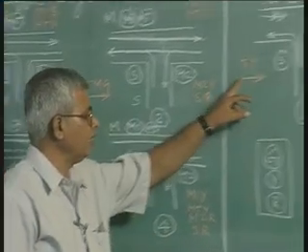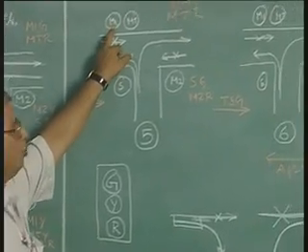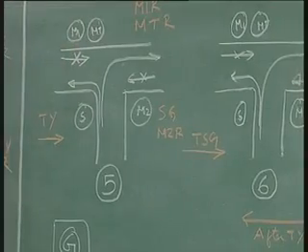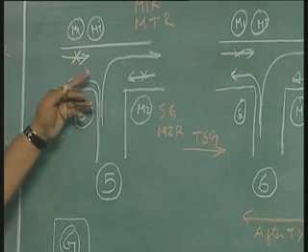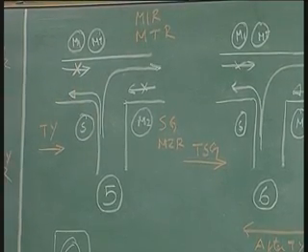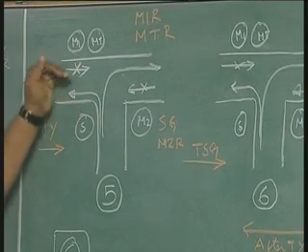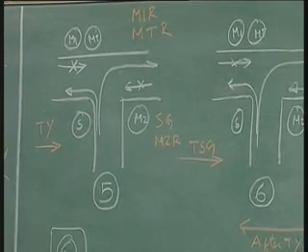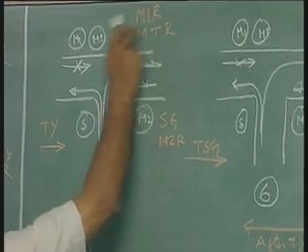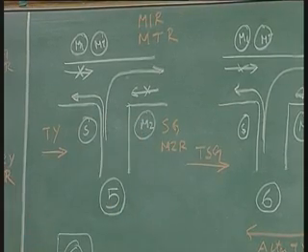After the end of Ty, M1 will become red, so that the main street traffic from left to right will be halted. MT will be stopped too, the traffic which is turning. So, M1 is red, MT is red, and M2 is already red.